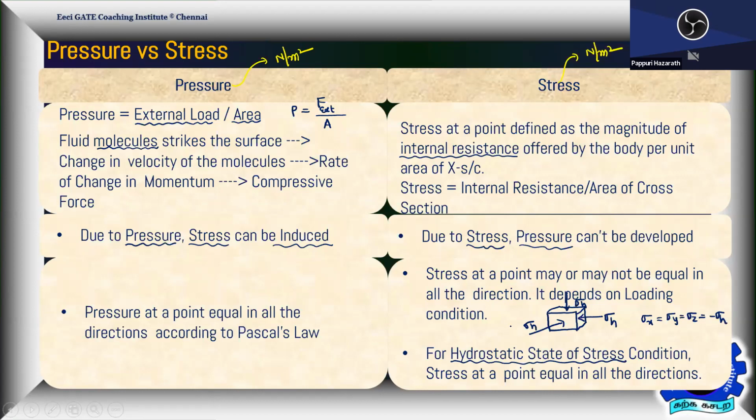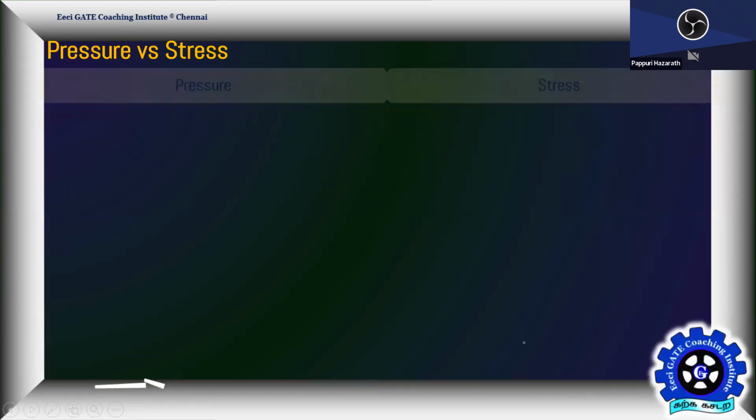In this particular case, you will get stress at a point equal in all the directions. But in the remaining cases, stress at a point is not equal in all the directions; it definitely depends on the loading conditions. But in case of pressure, it is equal in all the directions.